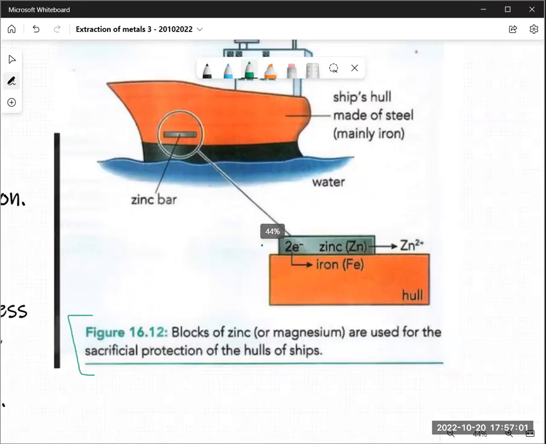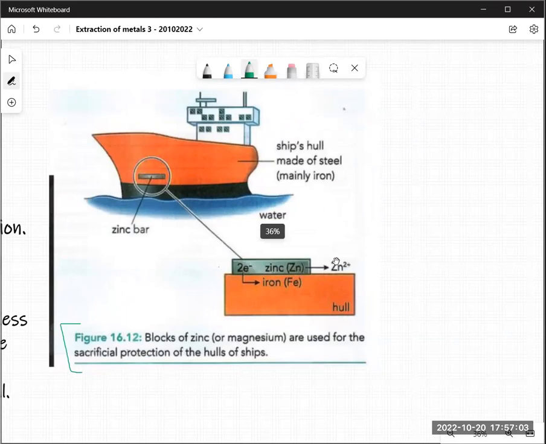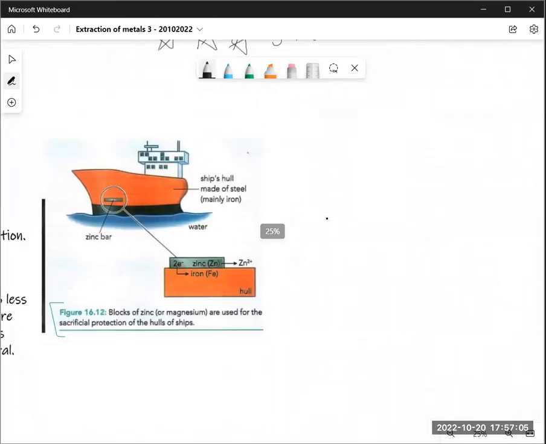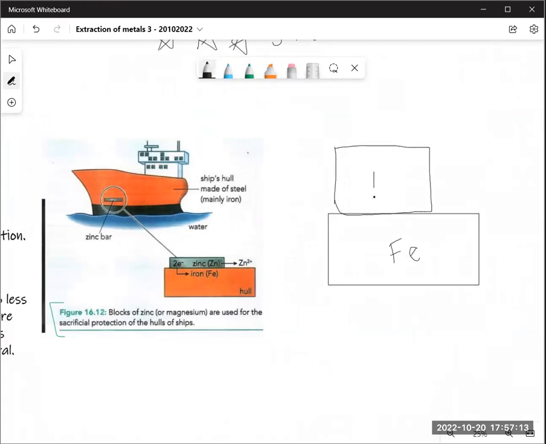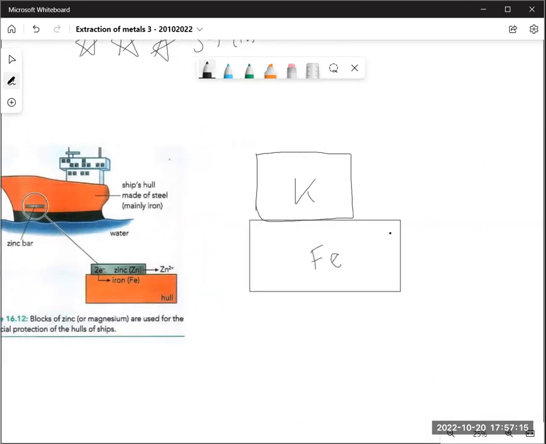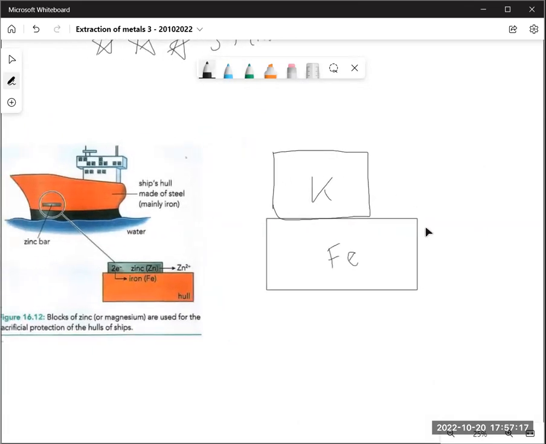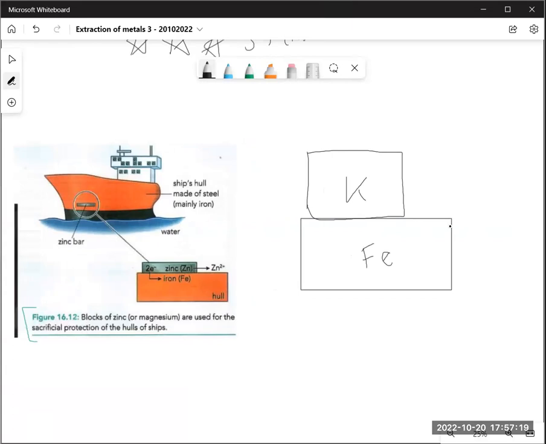So there's another way to prevent rusting. Let's say I have iron, and on top of it I have, let's say, sodium. Which is more reactive, Lula, sodium or iron?